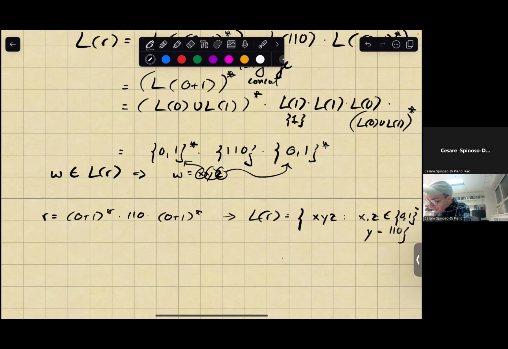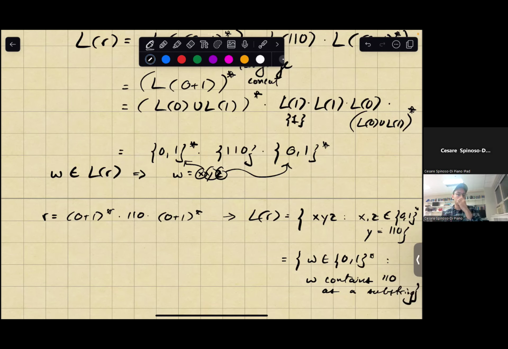Or in other words, this language is just W in (0, 1) star for which W contains 110 as a substring. So this is the more mechanical way of determining what L of R is from R. R denotes a language, and this is the brute force, mechanical way of determining what L of R is.